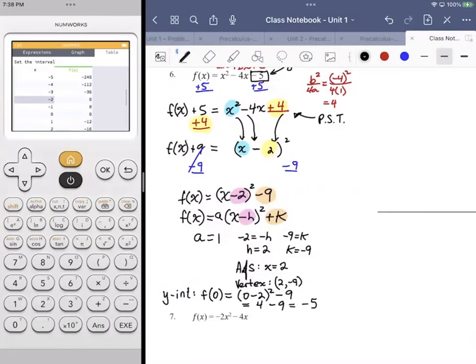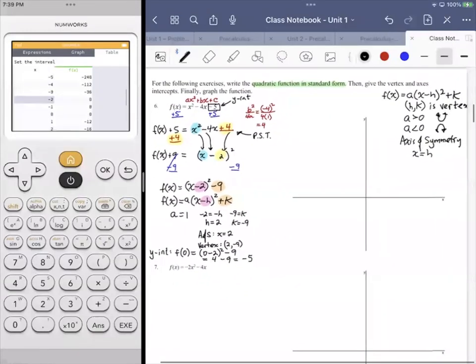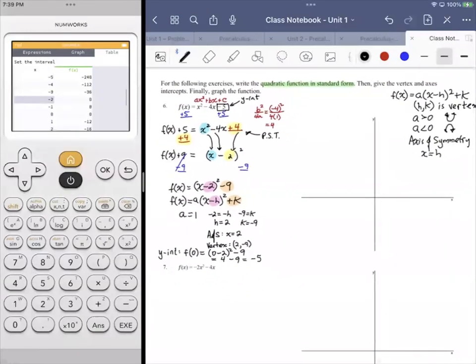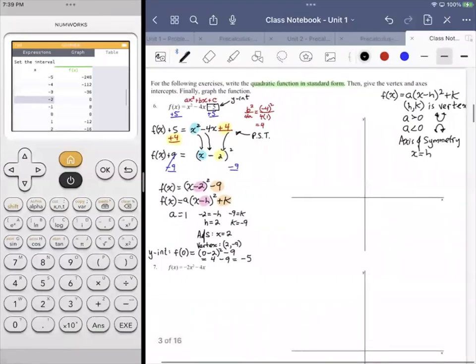Now, you might remember from previous classes, maybe even in a science class, when you make a graph, you've got to label the x-axis with all the numbers, the y-axis and everything. Here and into calculus it's more like a rough sketch. As long as you have the important values, you're good. All right. So I have axis of symmetry at 2, specifically coordinates of the vertex at 2, -9.